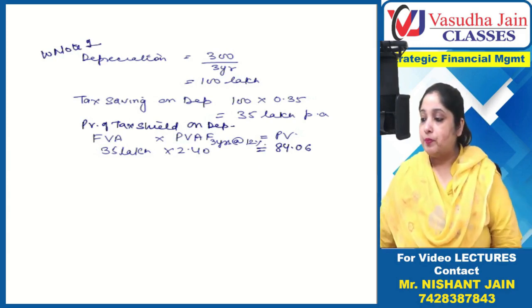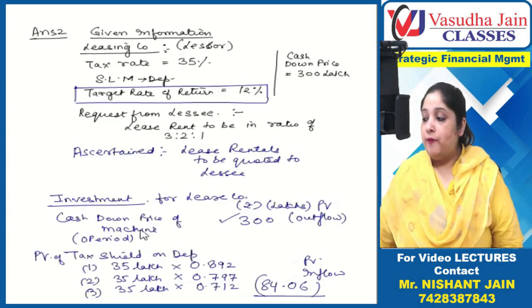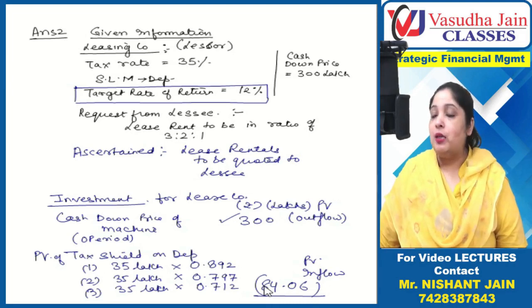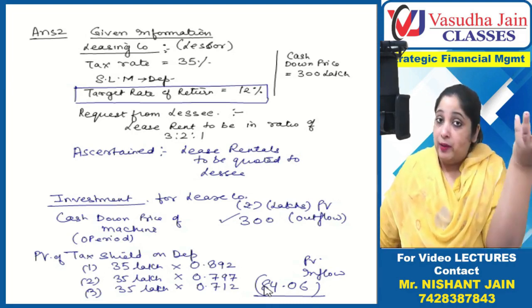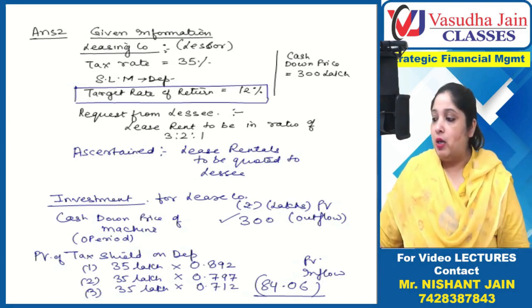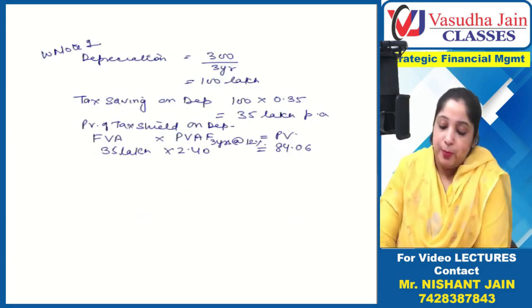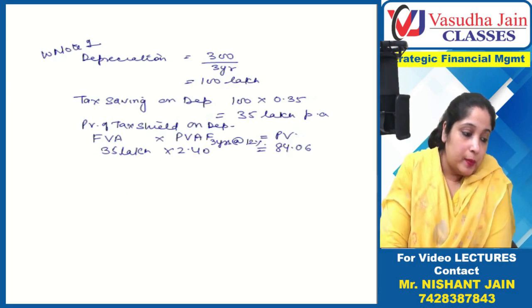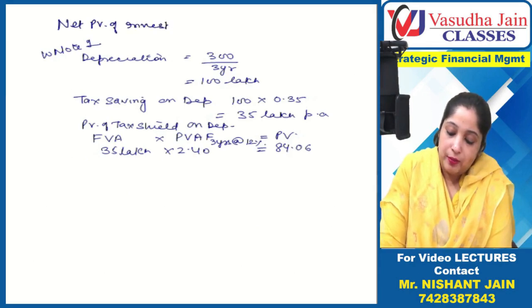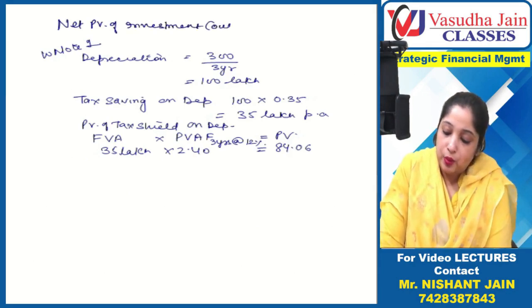Now, if you observe here, this is your investment and this is your benefit on the machine. There is no salvage value, so there is no benefit from that angle. So what is the net investment you have made on your machine? On the next page I am writing the net present value of investment, that is outflow.